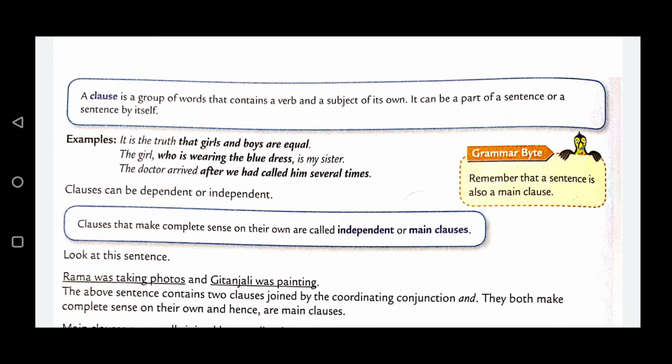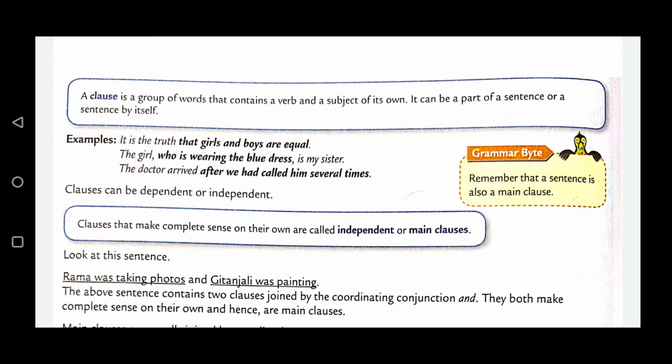For example, in the first sentence, "it is the truth" is the main clause. The second part depends on this first part, and therefore this is a subordinate clause. "Who is wearing the blue dress" doesn't make sense, but if we complete the sentence, "the girl who is wearing the blue dress is my sister," it makes sense. Therefore, again, a part of the sentence is a clause.